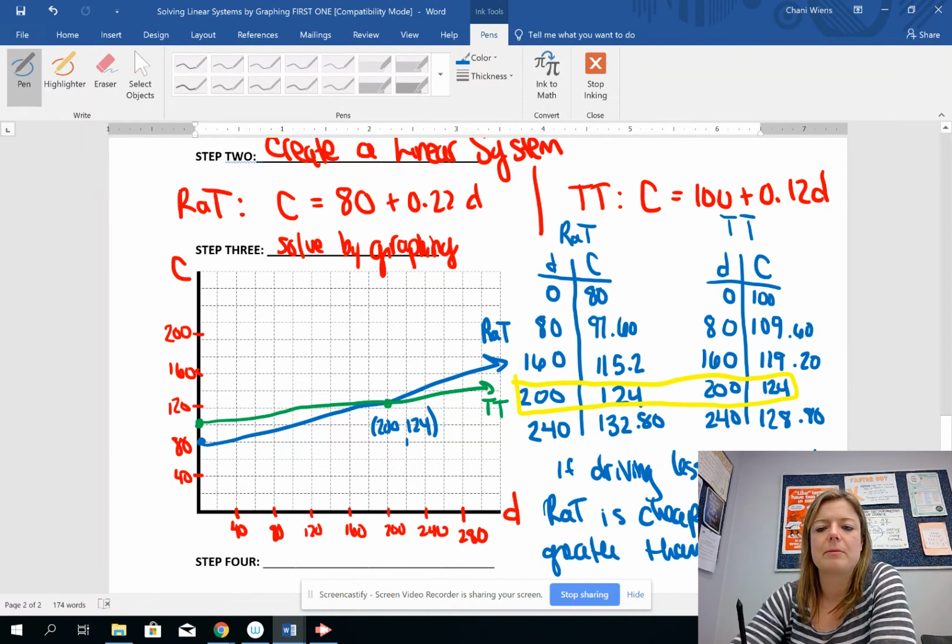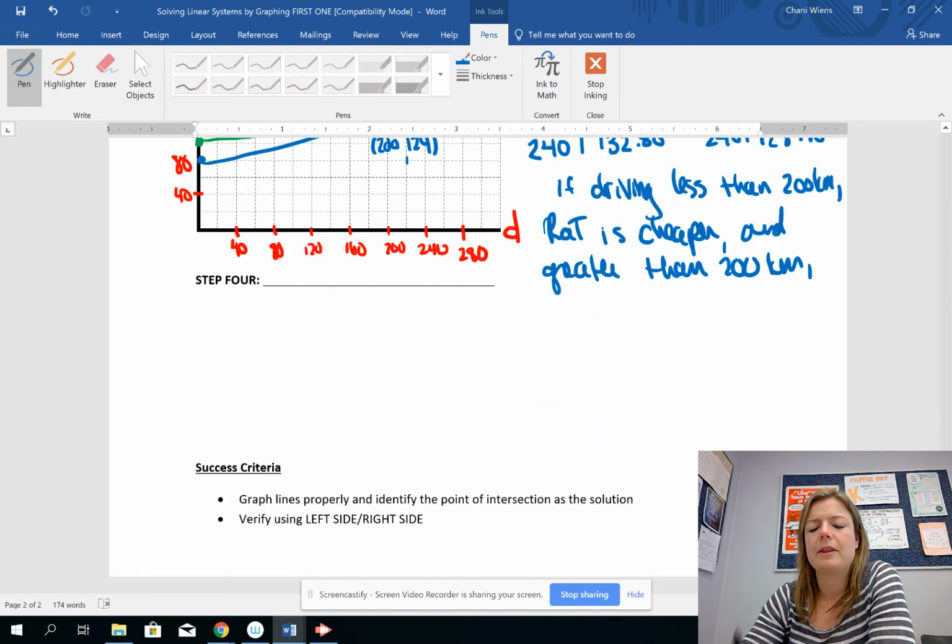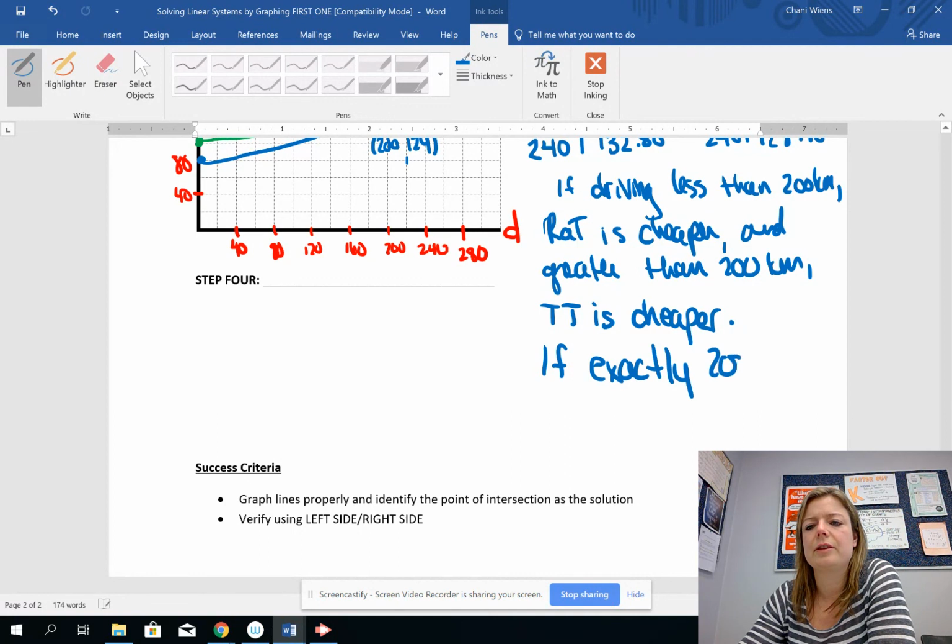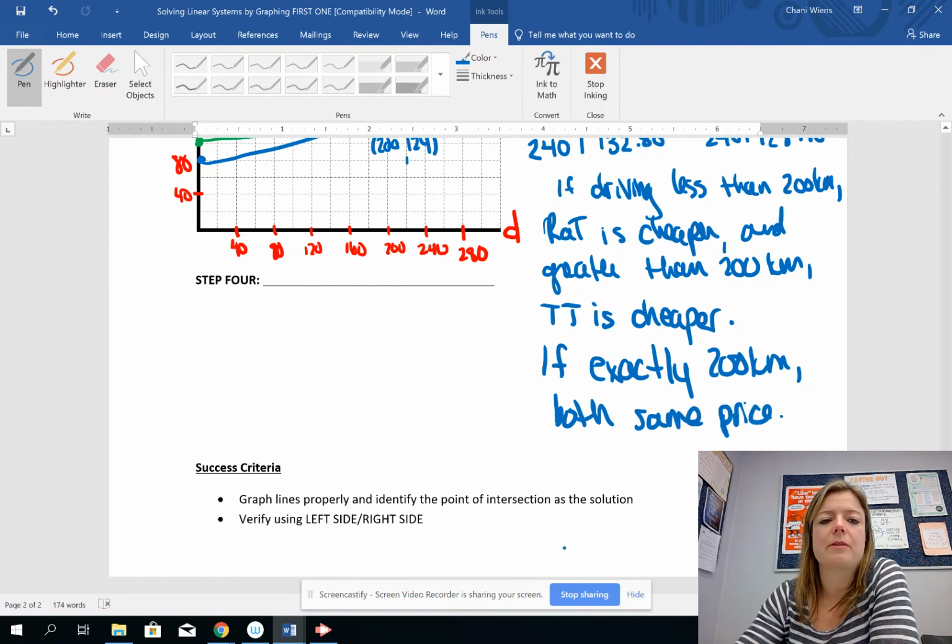Oh, my head is probably covering this, isn't it? And then you can say if you're driving exactly 200 kilometers, both are the same price.